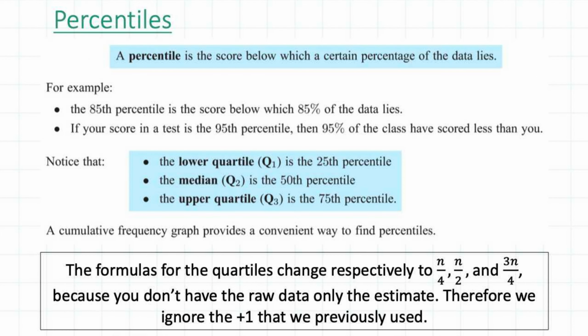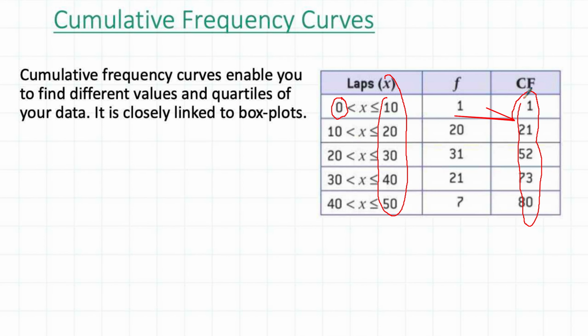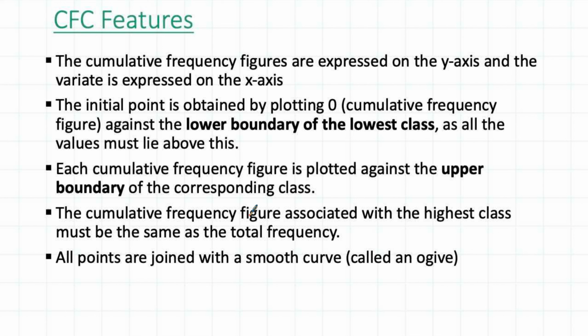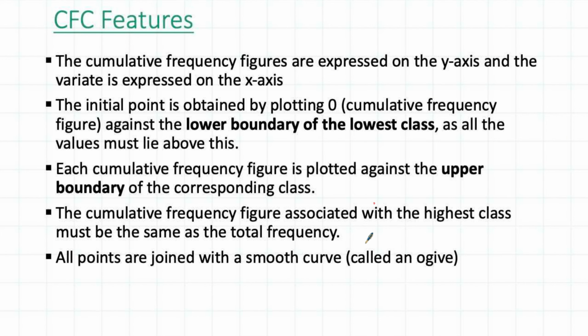So you will be taking the upper boundary with the cumulative frequency. And the cumulative frequency associated with the highest class must be the same as the total frequency. So what we said about this 80. And finally, all the points, join them using a smooth curve and not a sharp line. And this curve is called an ogive.